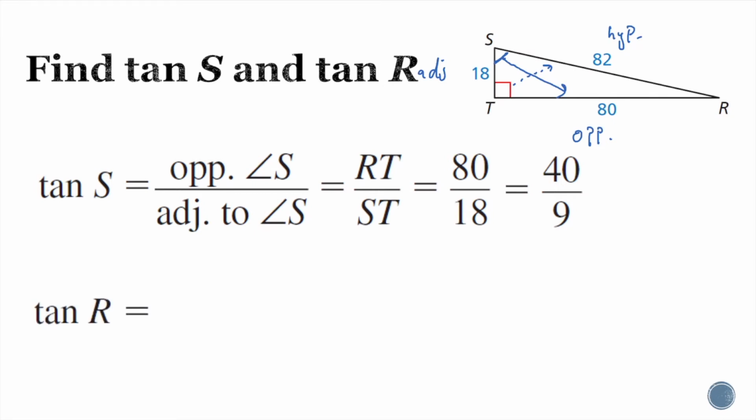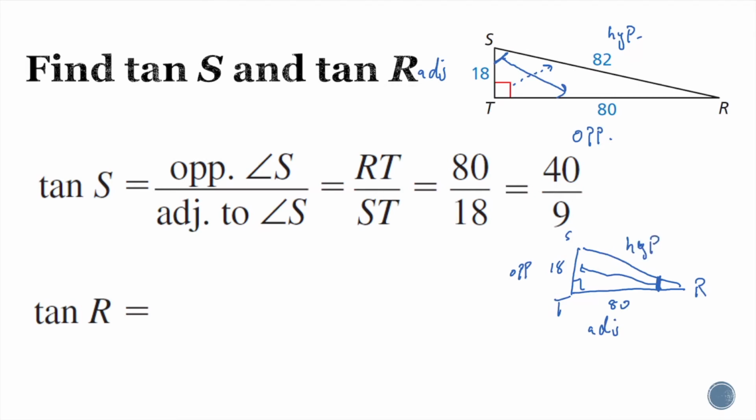Now at this time I'd like you to take a look and try to find the value for tangent of R. If you need to redraw the triangle, you can, just like I'm doing here. And notice that 18 is now my opposite side. 80 is now my adjacent side.